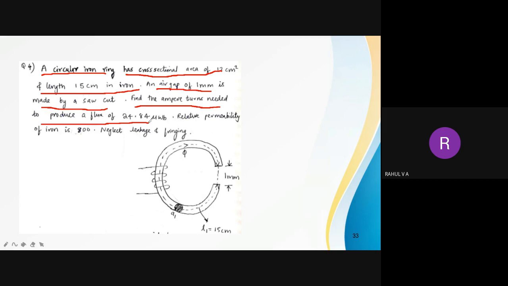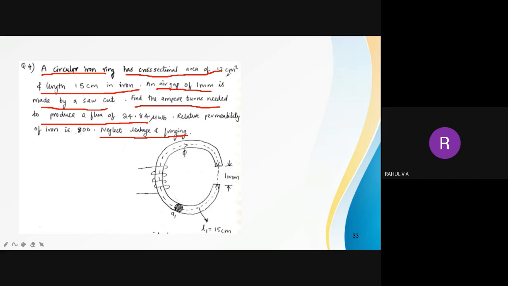The relative permeability of iron is 800. Neglect leakage and fringing. Okay, so this was the problem.